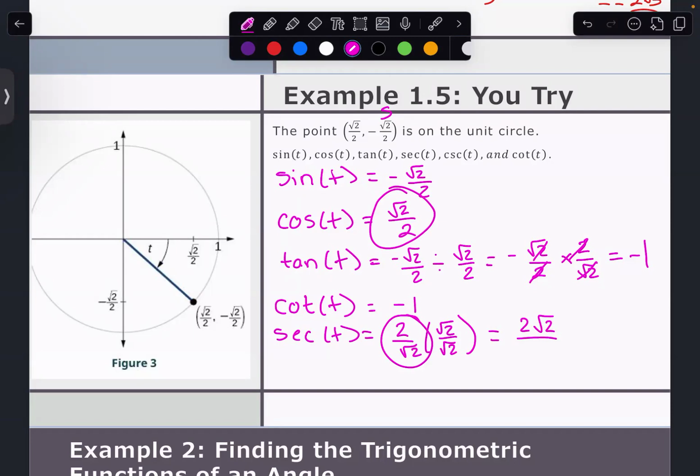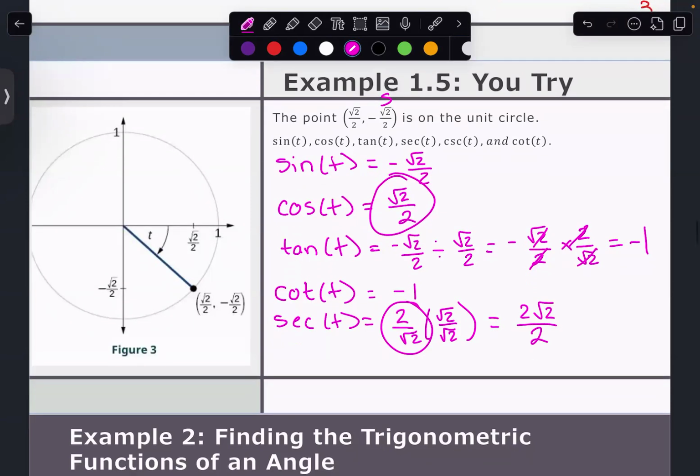Multiplying by square root of 2 gives me 2 square root of 2 in the numerator, and I end up with just 2 in the denominator. And then finally, cosecant is going to be the reciprocal of sine, so now it'll be negative 2 over square root of 2, which is exactly what I just did, but now that one is negative, so it'll be negative square root of 2.